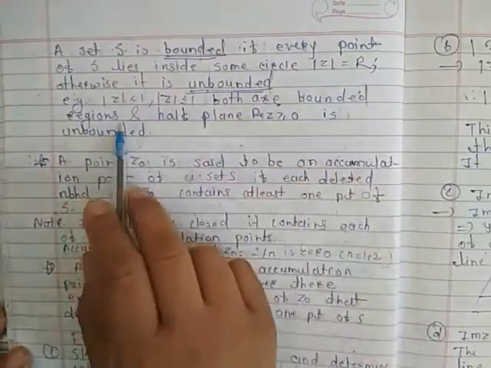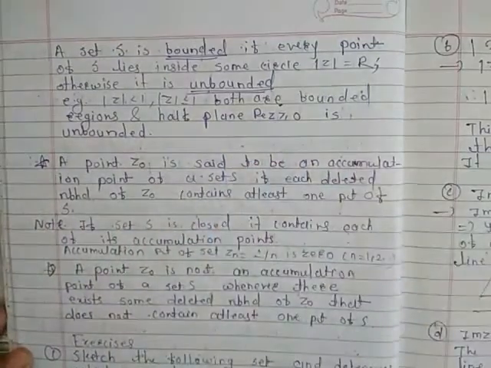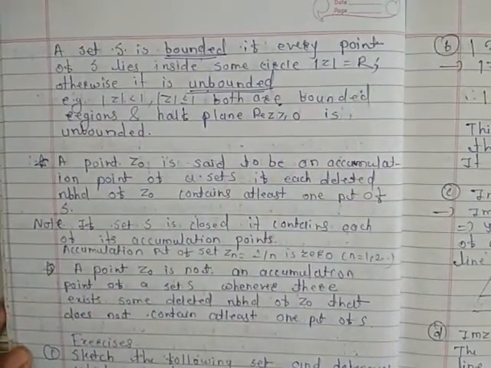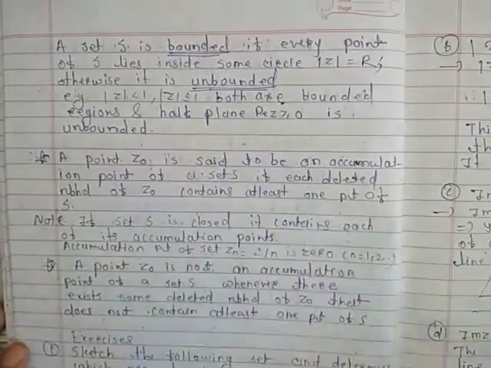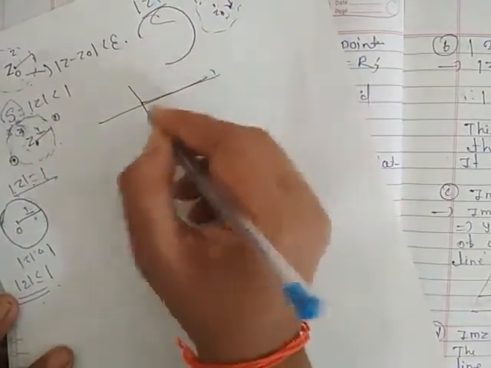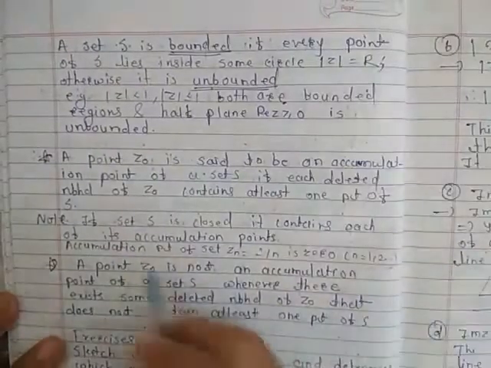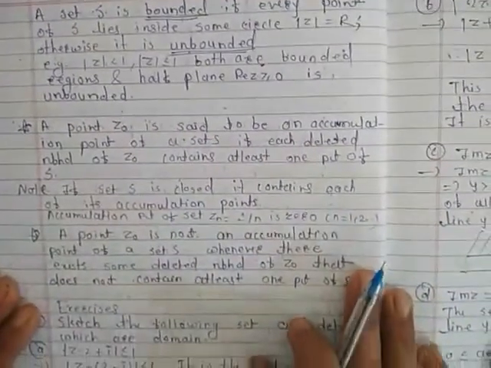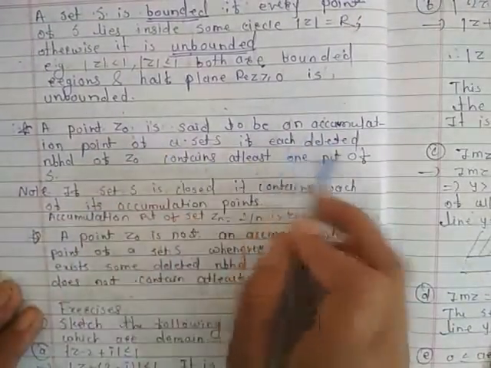Both are bounded regions. The half plane real Z greater than or equal to 0 is unbounded. The real part of Z is the real axis, which is greater than or equal to 0, obviously unbounded.